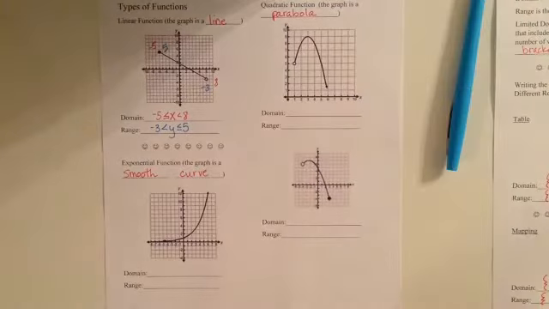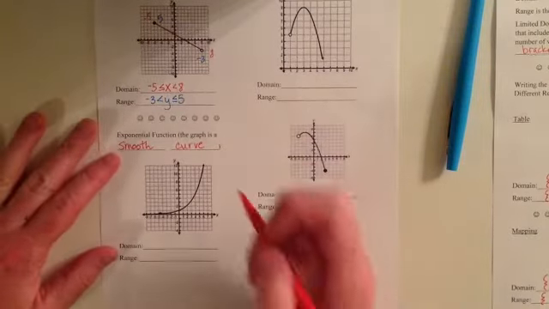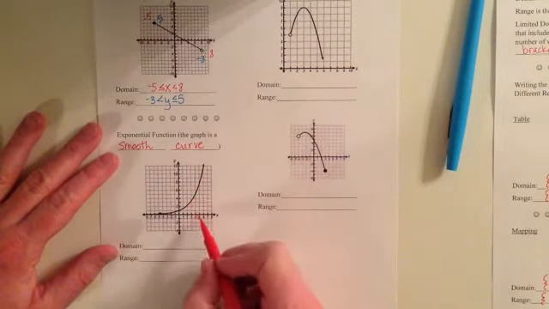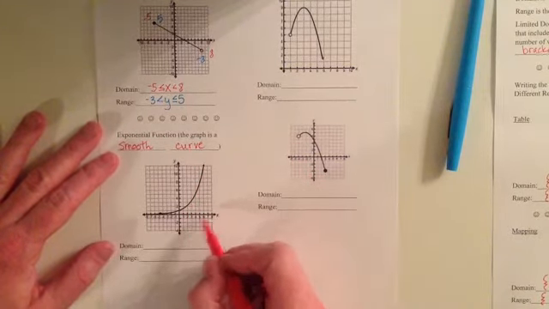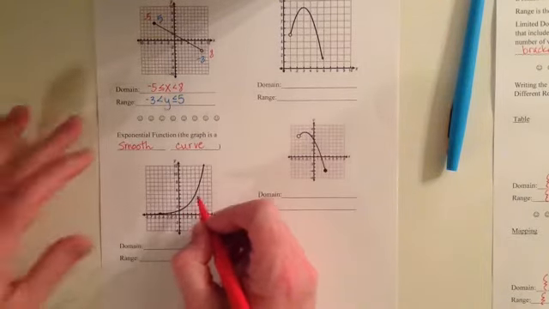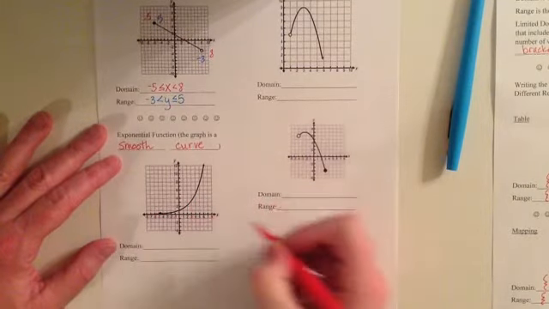So I'm going to go back to the red, and we're going to look at this exponential function, which is the smooth curve. Okay? The smooth curve. Now here's what you need to know about an exponential function. When it comes down to the x-axis, what happens with an exponential function, and we'll learn more about these later, is it never touches this axis that it's going towards. Okay?